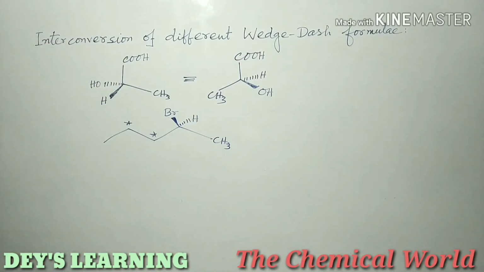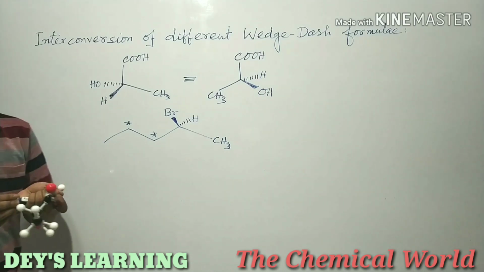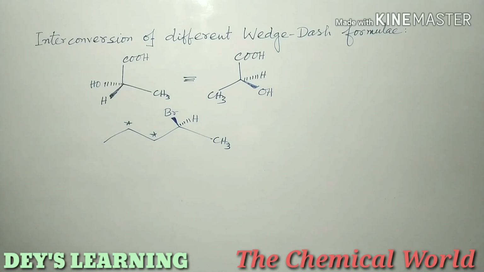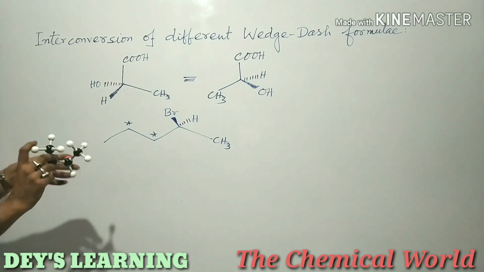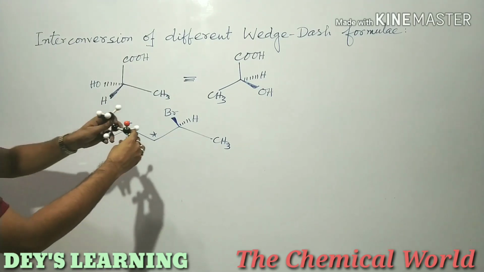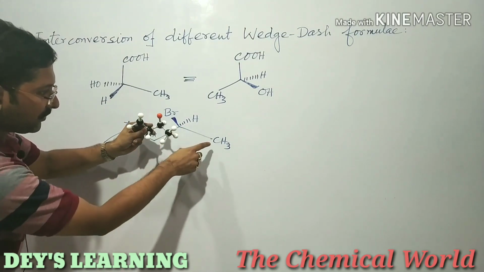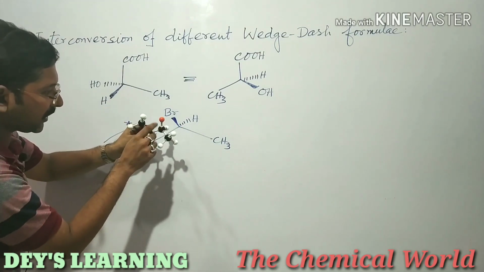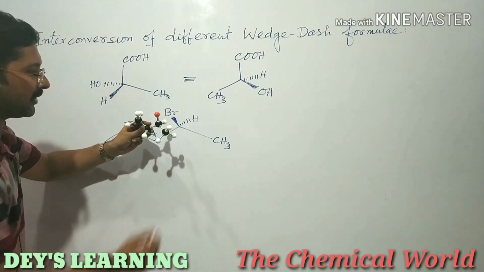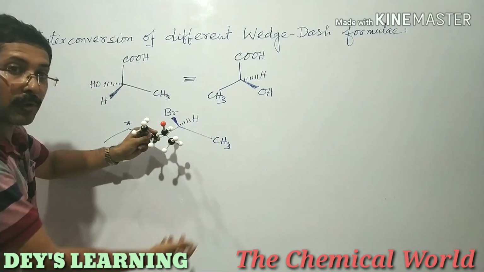Look at here. So this one is presented in this way. Bromine is represented by the red. Just we consider this bond. This is your CH3, this is your carbon, bromine at the top, hydrogen at the backward bond.